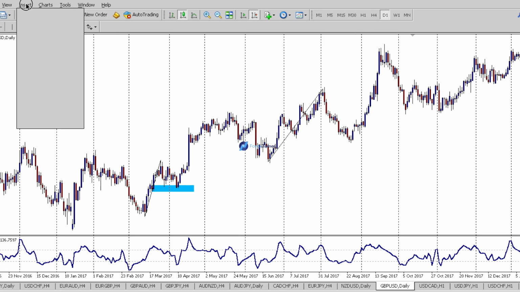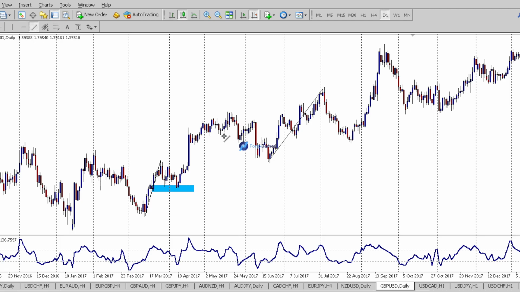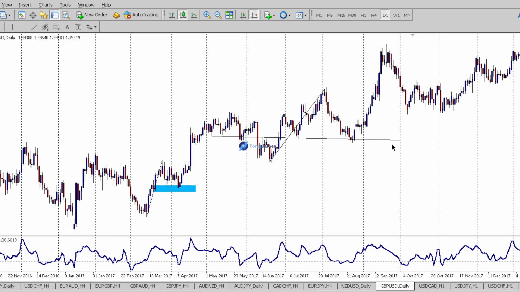As you can see here, this is an area. This is what I call a swap zone. It's an area that has been tested many times.